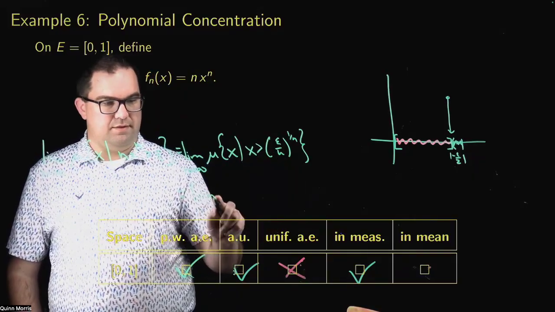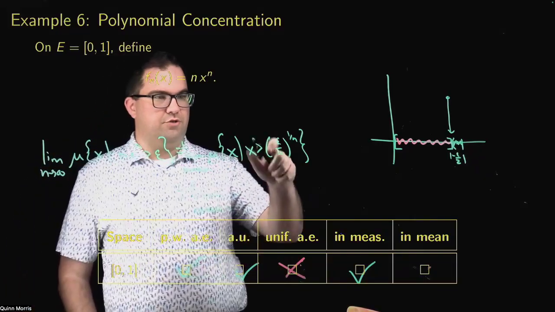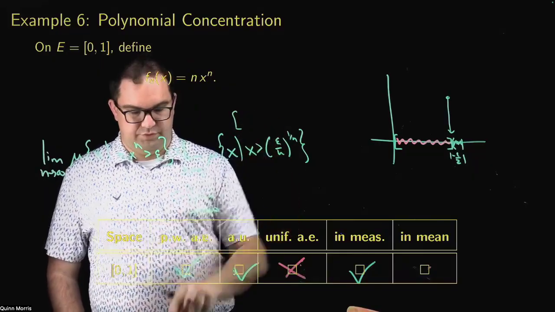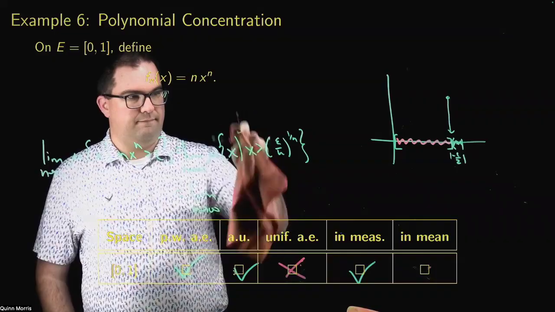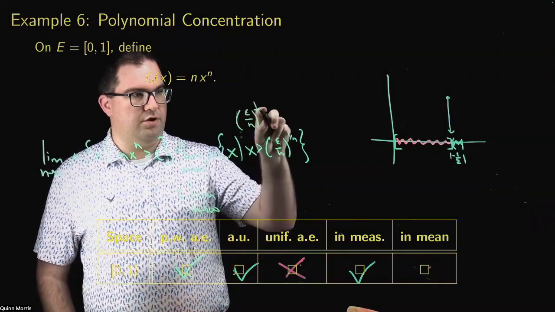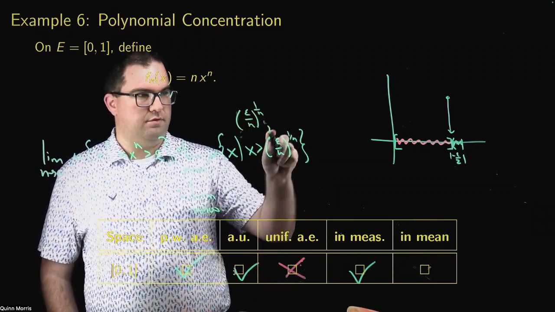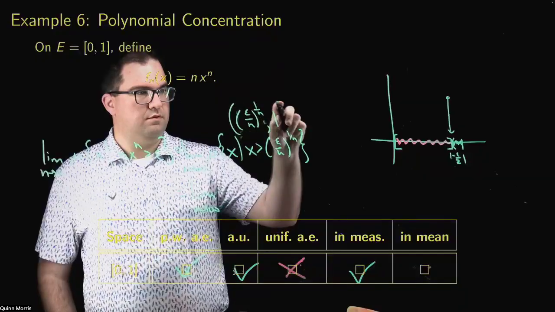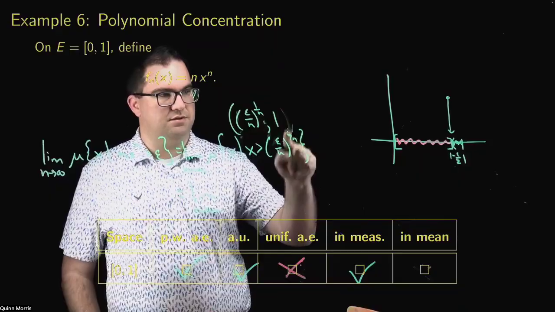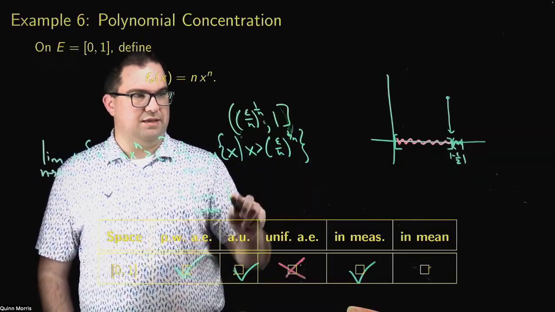So this is the limit as n goes to infinity, right? This expressed another way is just the set of x values whose lower bound is epsilon over n to the 1 over n. That's the lower bound up to 1. So it's that interval. It's just an interval, so I can just take its length. I guess to be precise, that's a closed interval. Okay. But I just take its length.